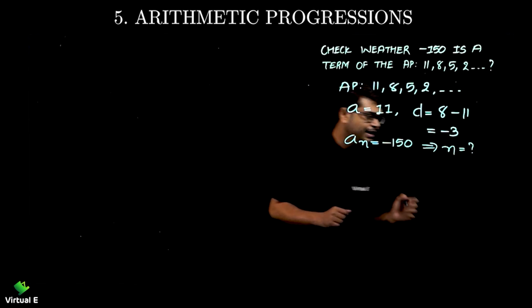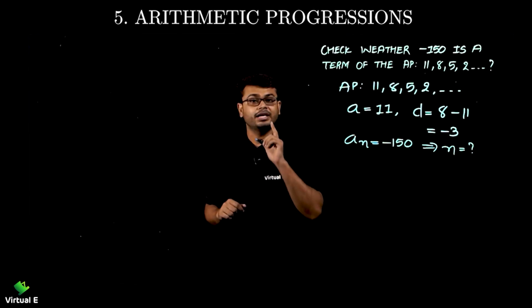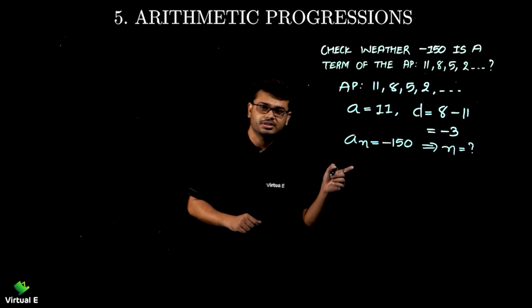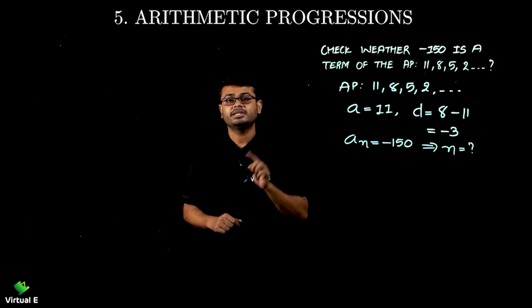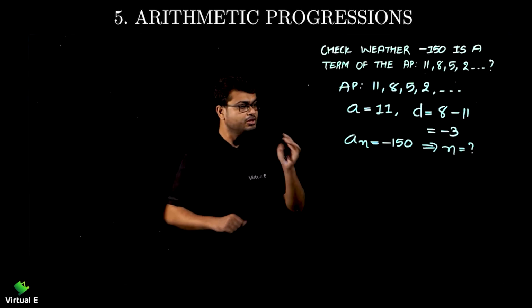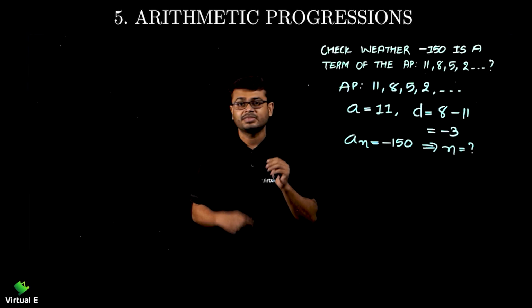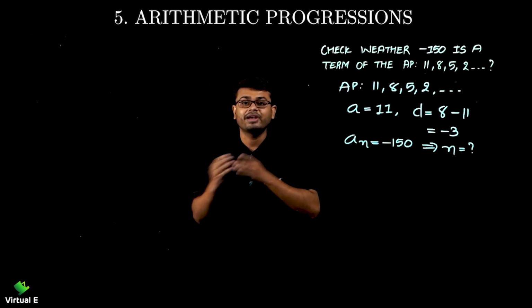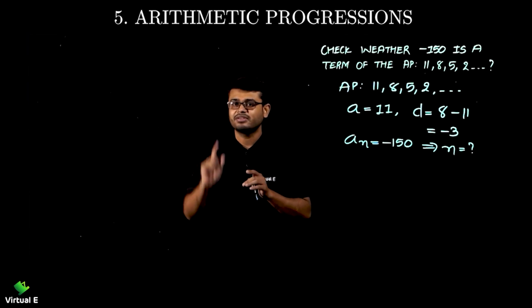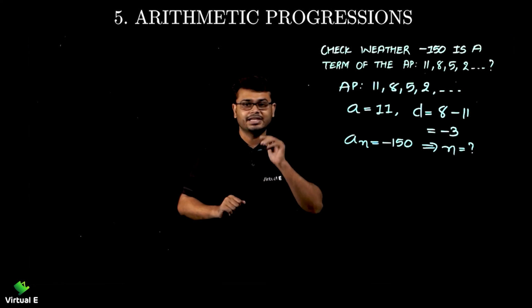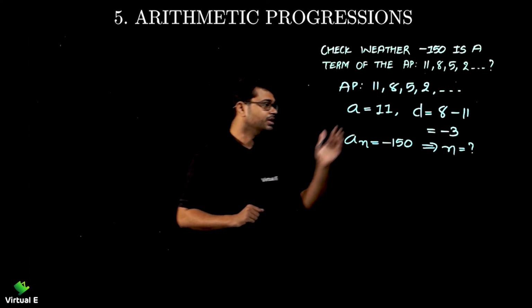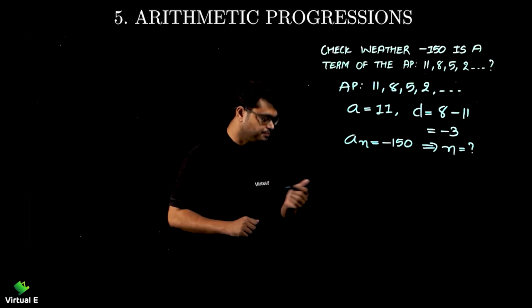If we get a whole number, then it is present. If we do not get a whole number, then that term is not present, because the value of n, what do we always take? 1, 2, 3, 4, 5, 6. It is not possible that we can have a 1.5 term. That's not possible. But the first term is possible, the second is possible. So let's find the value of n first.